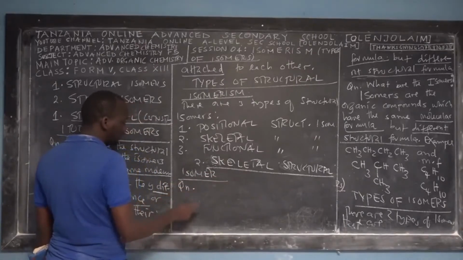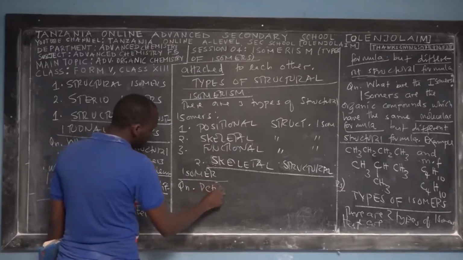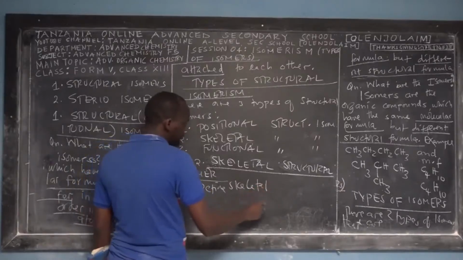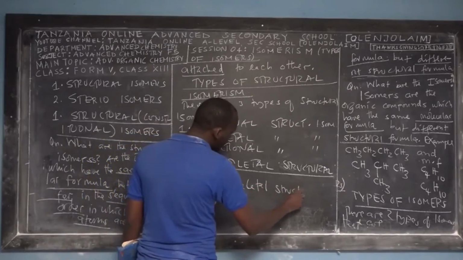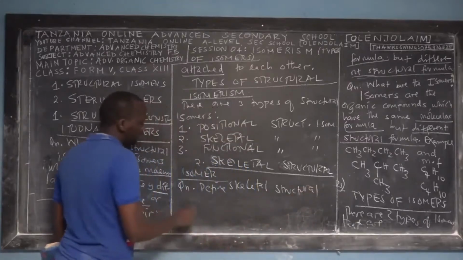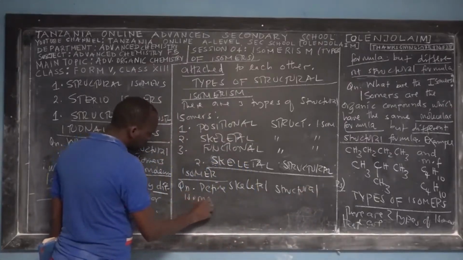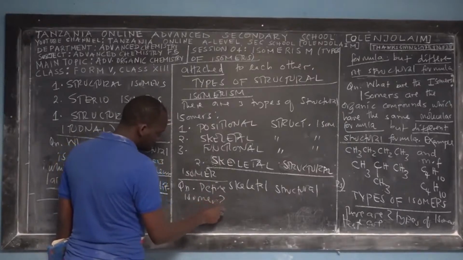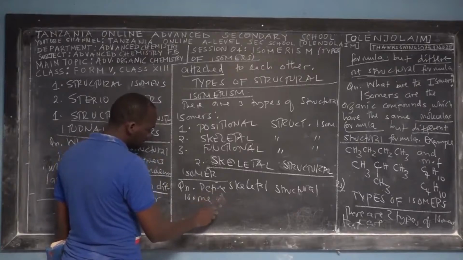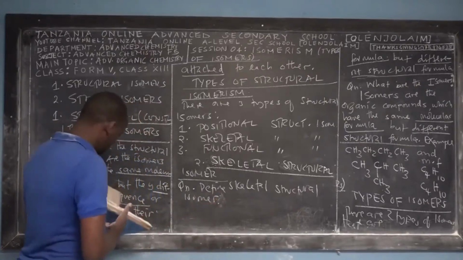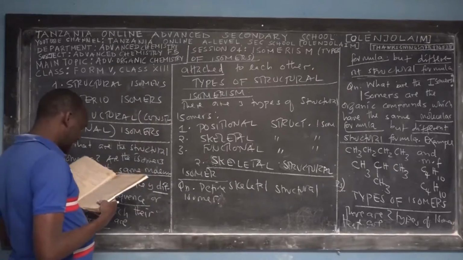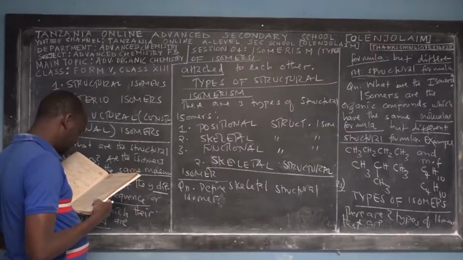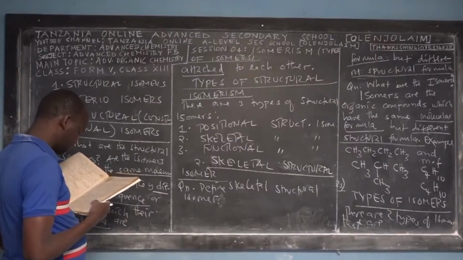Define skeletal structural isomer. So what are they? These are the compounds with the same molecular formula, but differ only in the sequence of the atoms in the basic carbon structure.